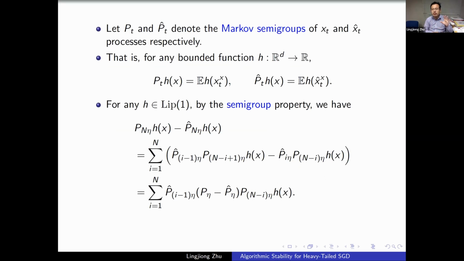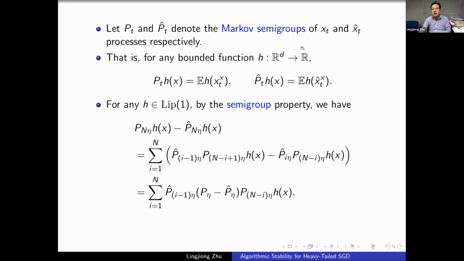As I said, the proof idea is mainly borrowed from a different paper, a 2023 paper about Euler discretization. What we do is the following. We first start analyzing the Markov semigroup and try to write everything in terms of a telescoping sum, using the Duhamel principle.